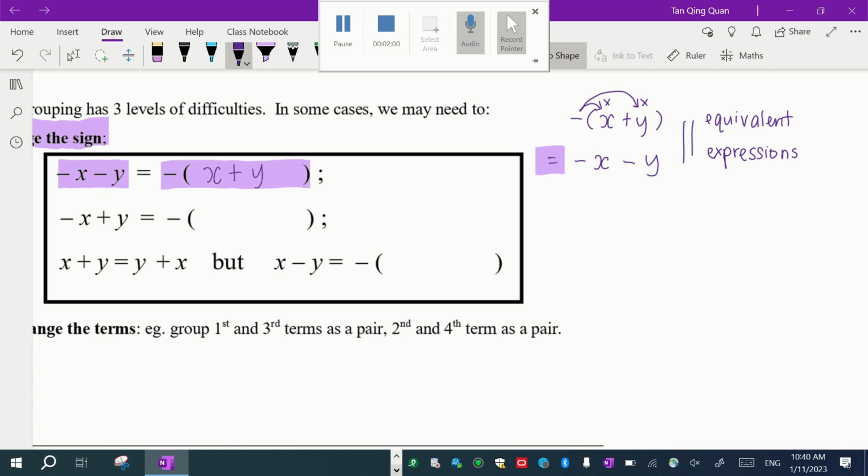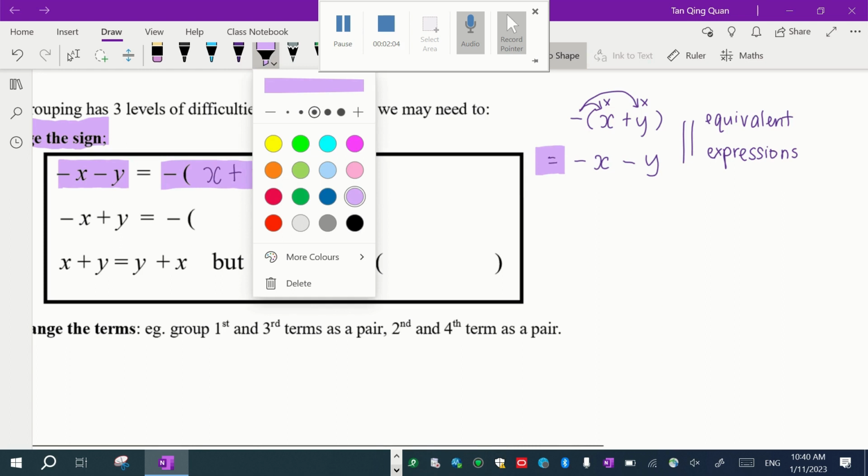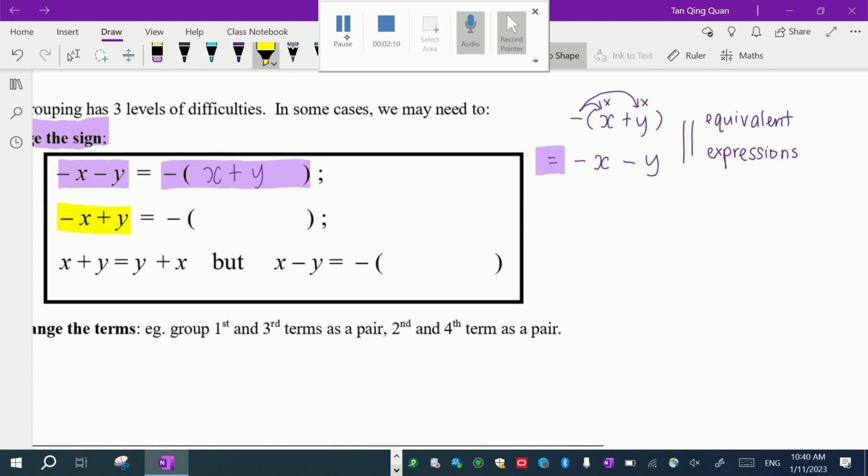Now, for the other expression that we see here, negative x plus y and negative, what could this be? I'm going to share with you that it is negative x minus y. Strange, right?